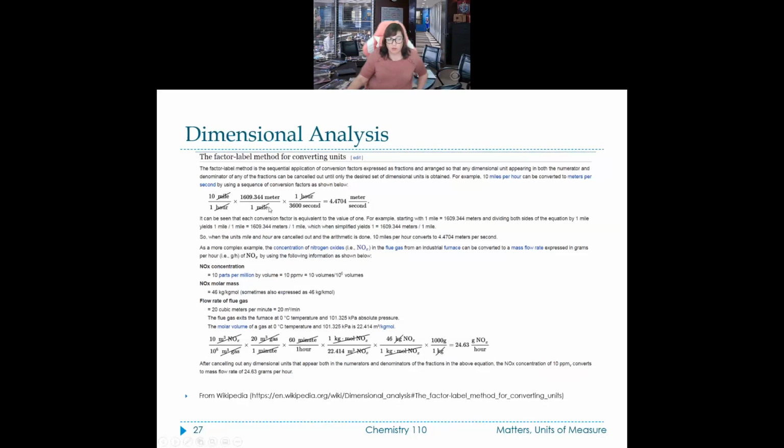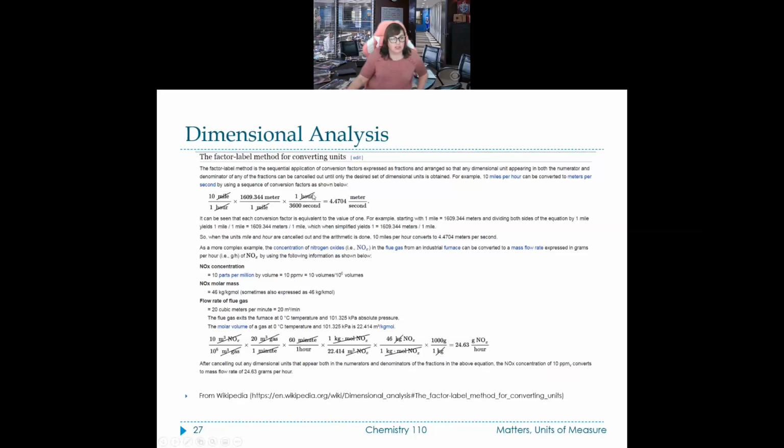So I need meters per mile. That's a conversion factor. And I need how many seconds in an hour. That's a conversion factor. So if I take my 10 miles per hour, I multiply by the number of meters per mile, that cancels out the miles. And that leaves me with an answer in meters.